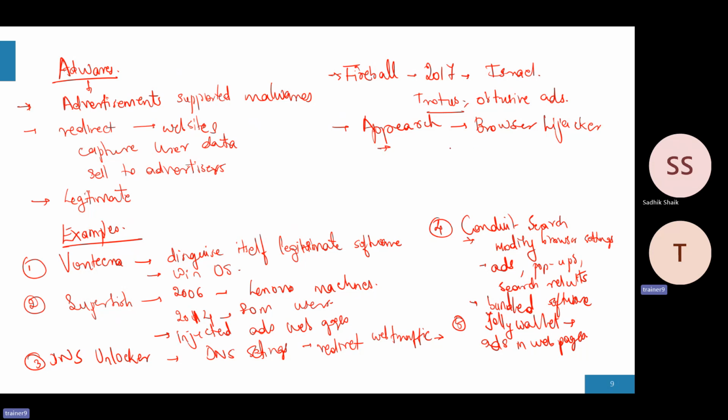So many ads were being injected into the browser that web browsing was very difficult, and when someone attempted to visit a website, they were redirected to approach.info.